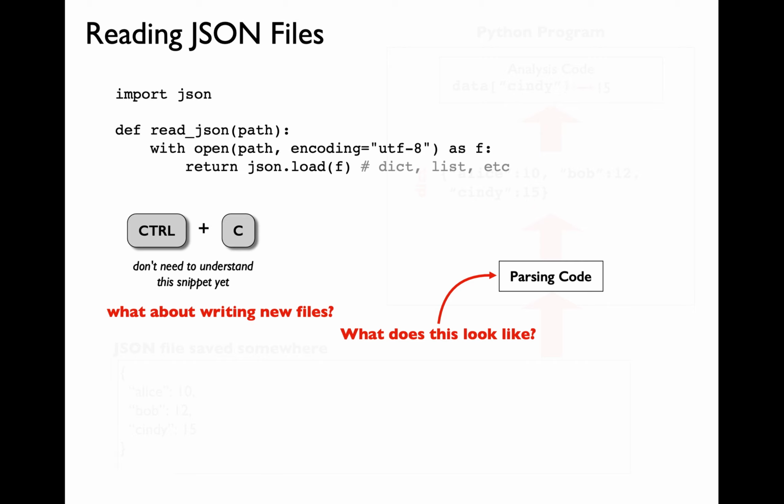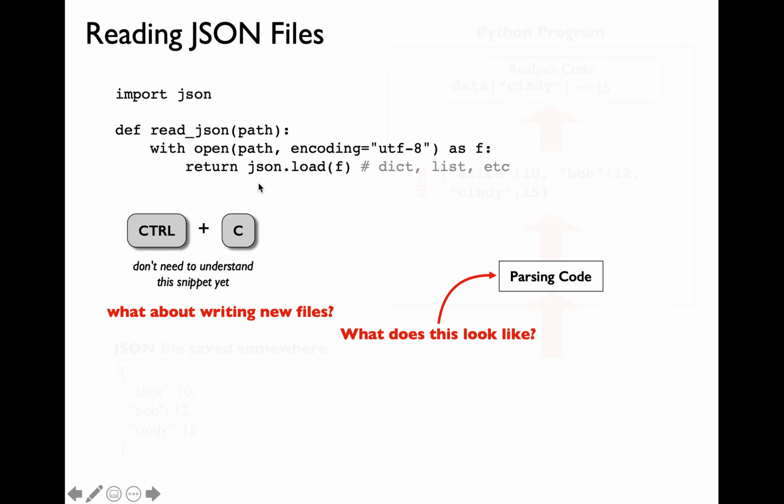Let's understand the basic factors within reading or parsing JSON files. We are going to use a module called JSON, just like we use the module CSV for CSV parsing. Eventually, when we cover the concept of files, you'll understand how we are reading the data here.